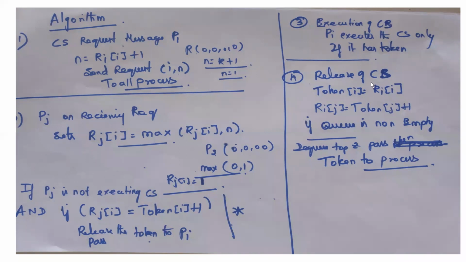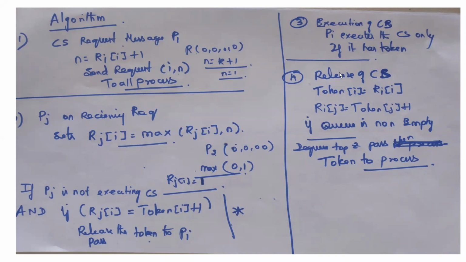Fourth one, the releasing of the critical section: they set token[i] equal to R[i]. If both values are equal, then they are ready to release from the critical section and the token is ready to go to the next site. So how will they release the token to the next site? The condition is that the queue should not be empty. Somebody should be waiting in the queue for this particular critical section.